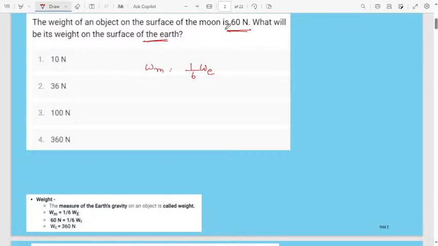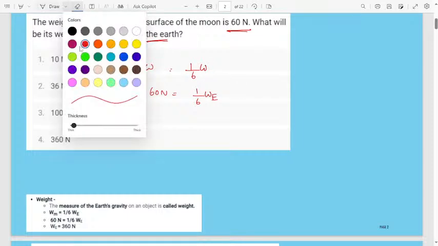Here 60 Newton is the weight of the object on the moon, therefore substitute 60 Newton equals 1/6 of the weight of the object on the earth, W_E. Consider small e or capital E, whichever is convenient for you.